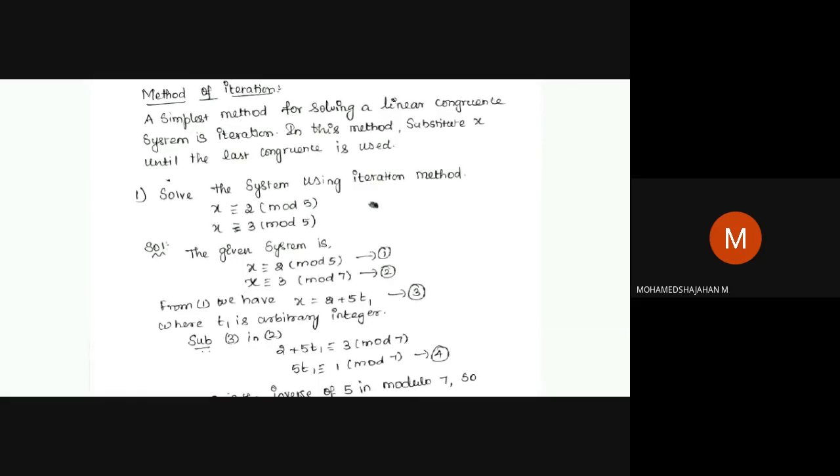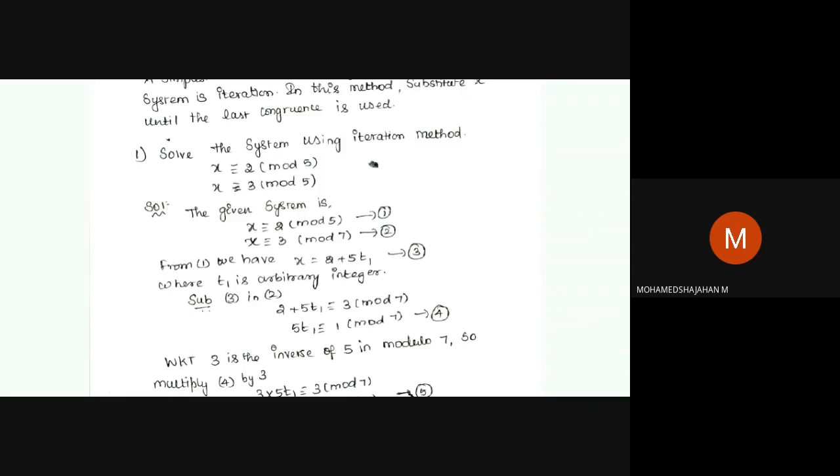x congruent to 2 mod 5, and one more linear congruence, x congruent to 3 mod 7. In the solution part, write down the given system of linear congruences, numbered equation 1 and equation 2.